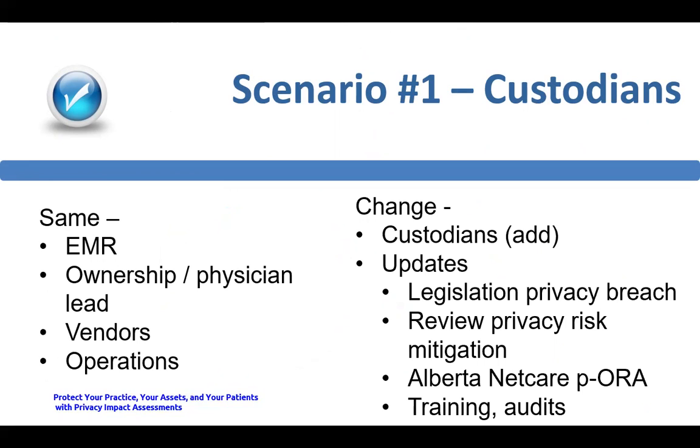Here's our acceptance file number, and here's what's changed lately. You've got a change in custodians. And oh, by the way, we've also updated and reviewed our policies and procedures, and specifically that change in legislation that happened in 2018 about privacy breach. We've made sure that we've updated our policies and procedures about that as well.